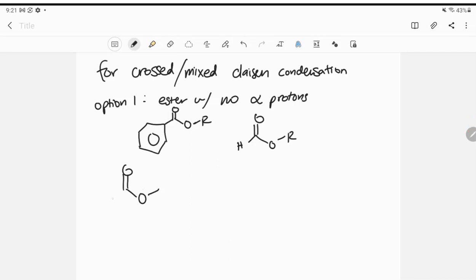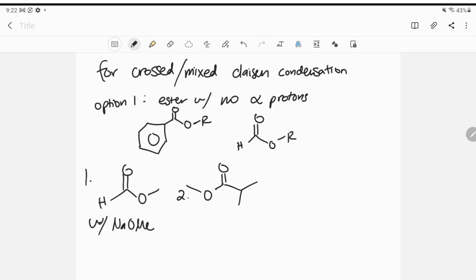Let's say we've got this and this. You have to put this one in first with your sodium methoxide. I don't know why I erased that. It's totally okay to write it the other way, but whatever. You have that going, then you add this thing.